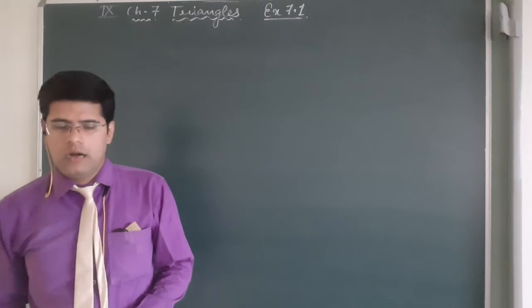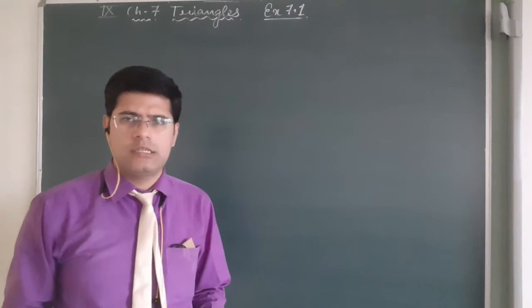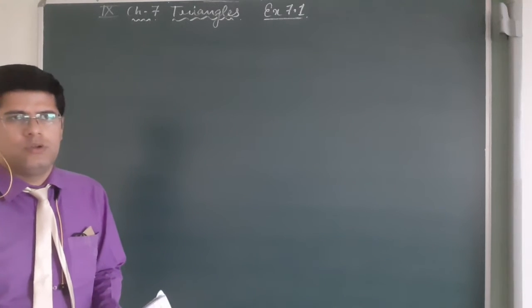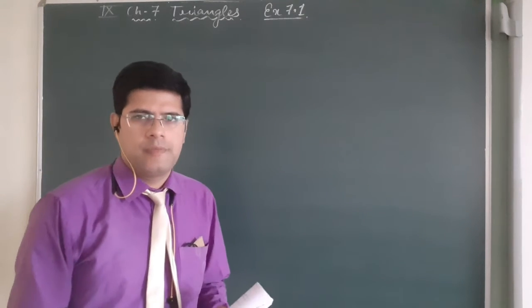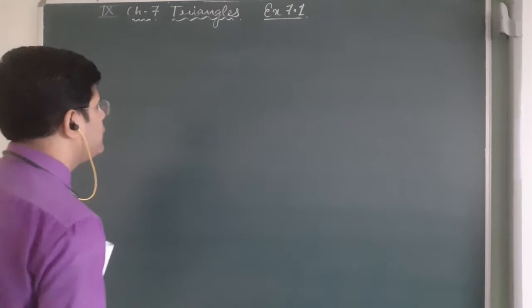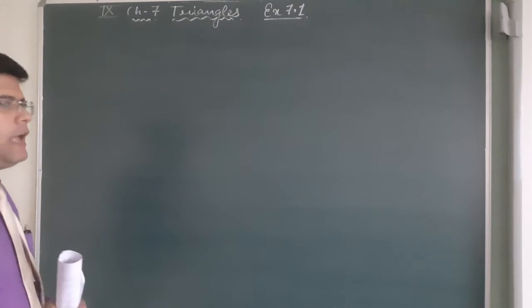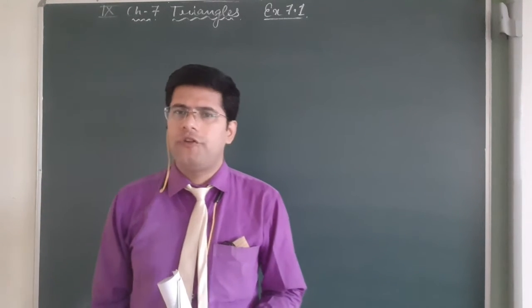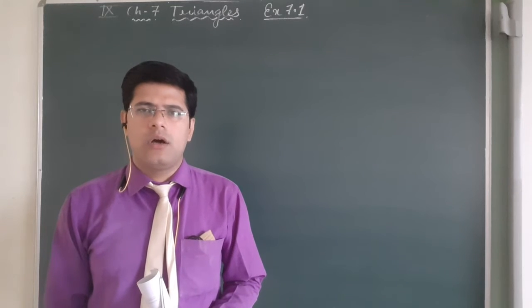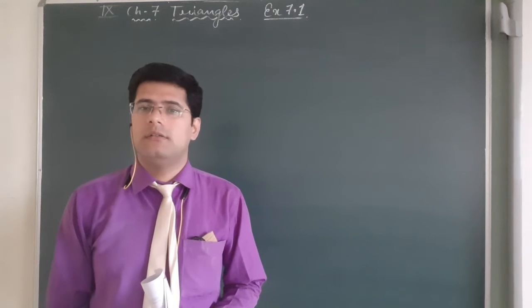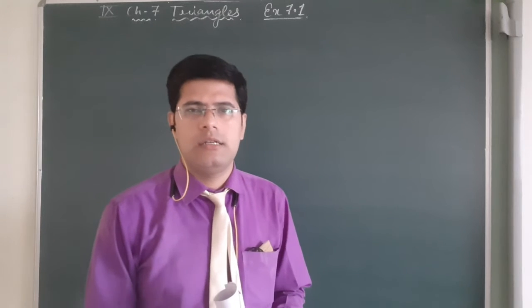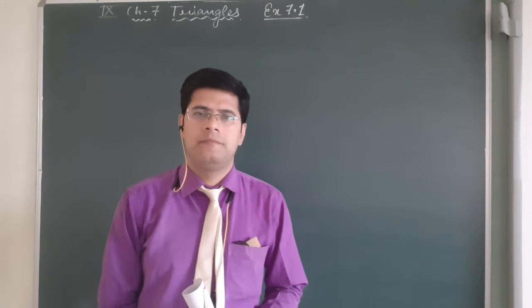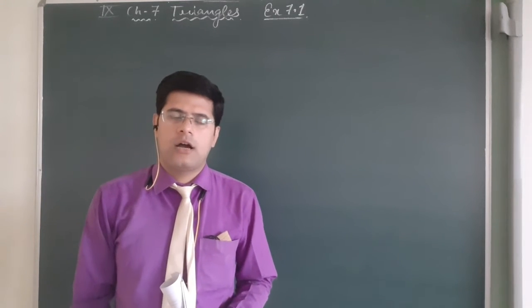Before starting our chapter, I want to let you know that in this chapter I am going to teach you congruency or congruency rules. First of all, what is congruency? The definition of congruency is: if two figures are equal in shape and size, it means the figures are congruent.